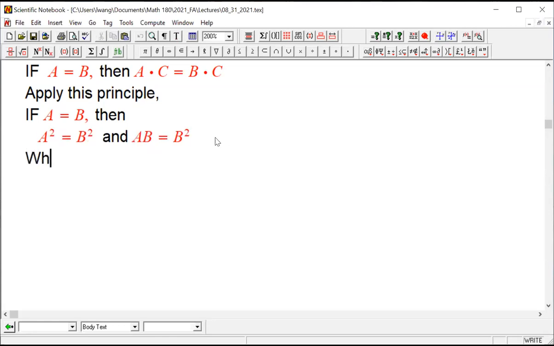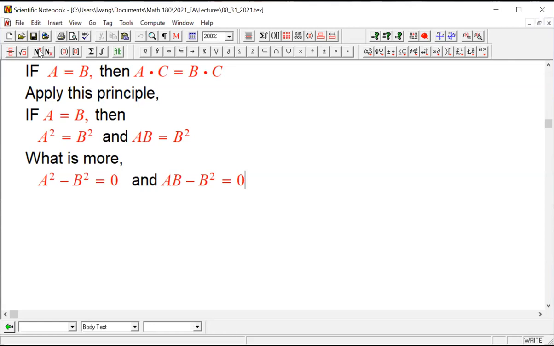And what is more, A squared minus B squared will be 0, right? And A times B minus B squared will be 0, right? Does everybody follow me?